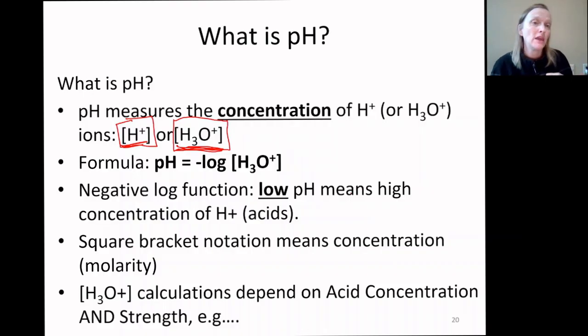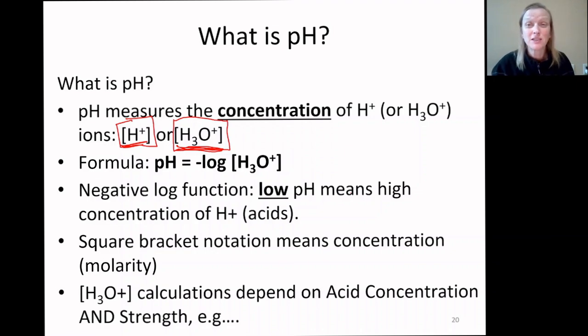Whereas if you have a weak acid, like hydroiodic acid, then that does not fully dissociate. So even if both solutions were 1 molar, there's going to be a higher concentration of hydrogen ions in the hydrochloric acid than the hydroiodic acid.